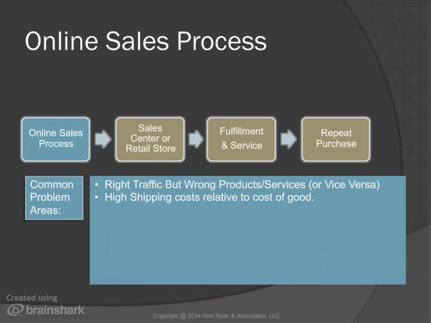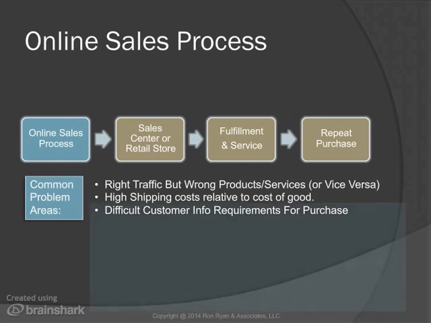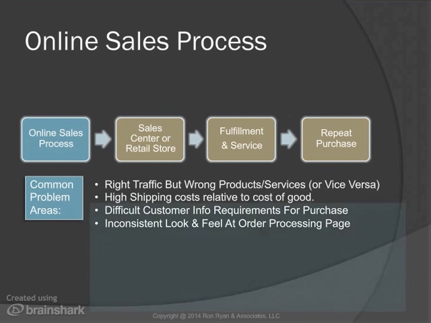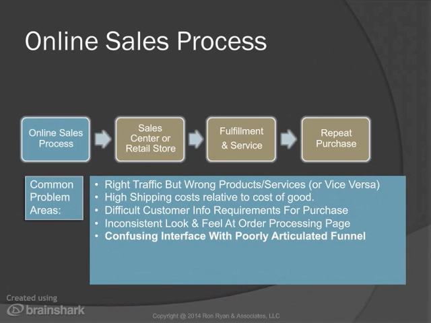Difficult customer information requirements for the purchase. Inconsistent look and feel at the order processing page. An overall confusing sales interface with poorly articulated funnel. That is, it's hard to figure out how to get to the buy button.